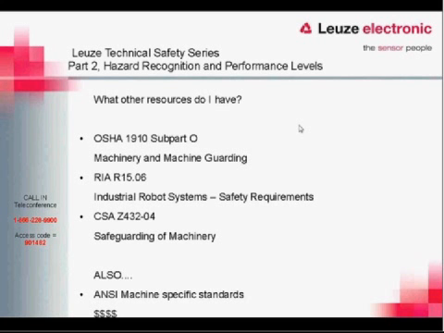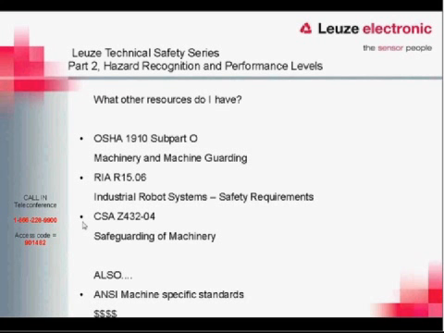But they're not real specific. We have R15.06, which is just for robots. It also has a lot of other standards in there that are applicable to other fields other than just robots, but this is specifically a robot standard, but a lot of good information inside of there as well.